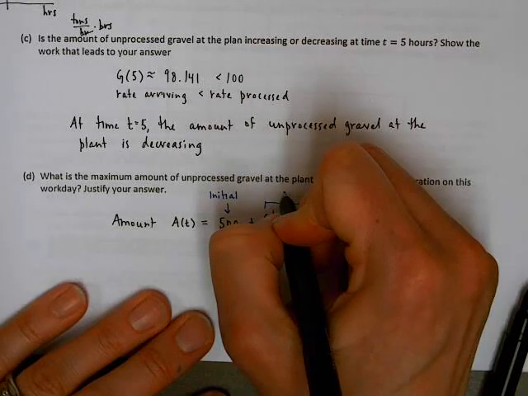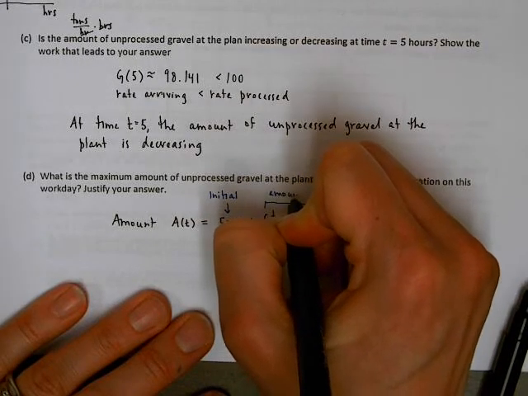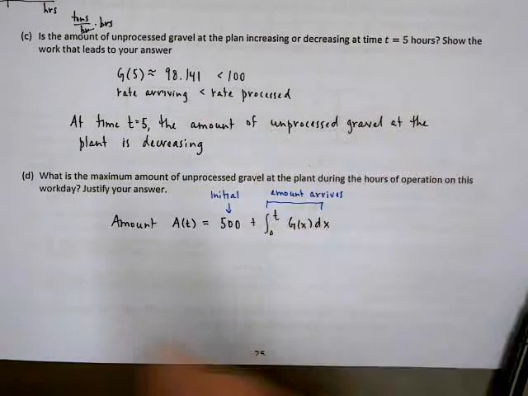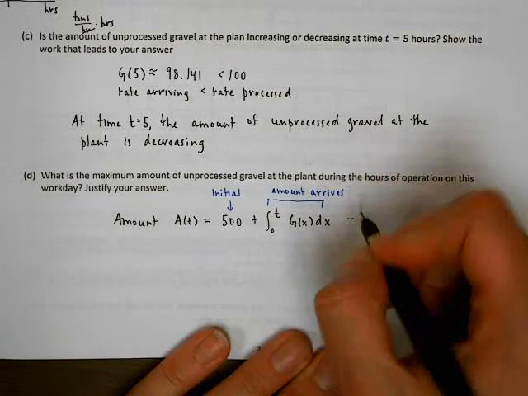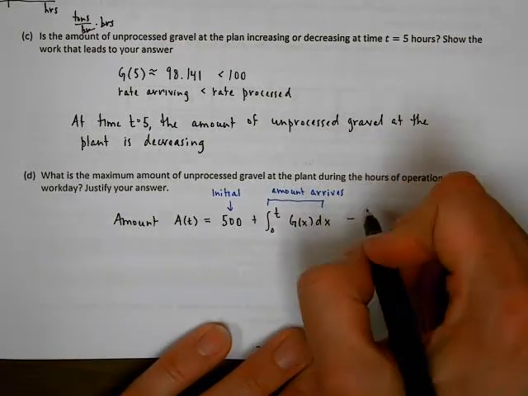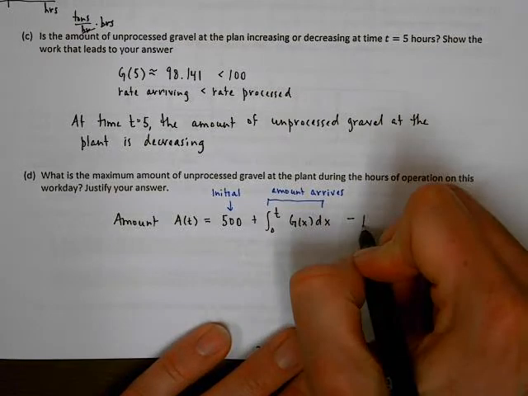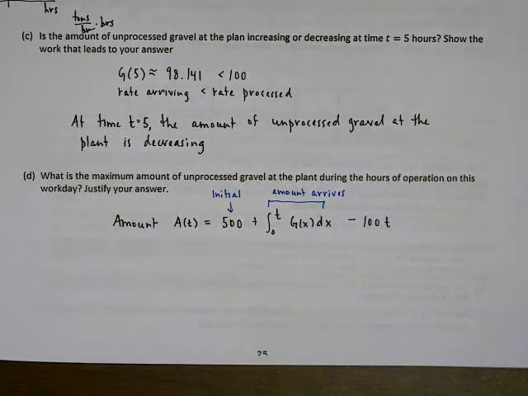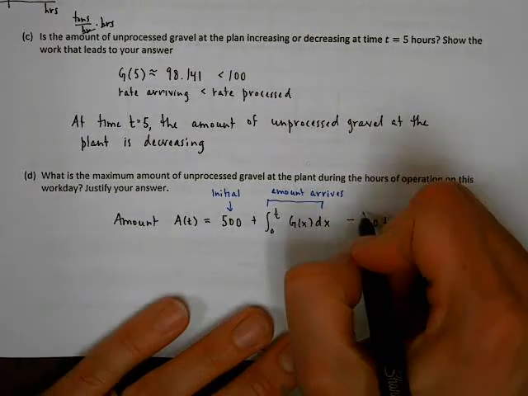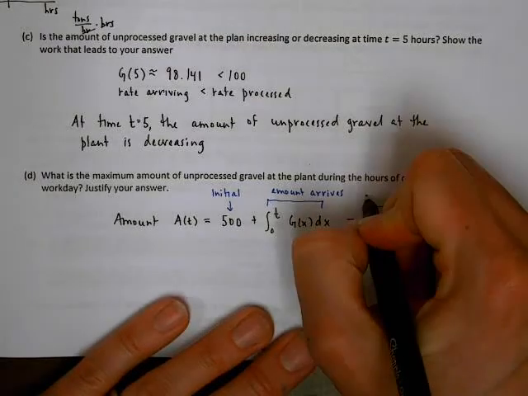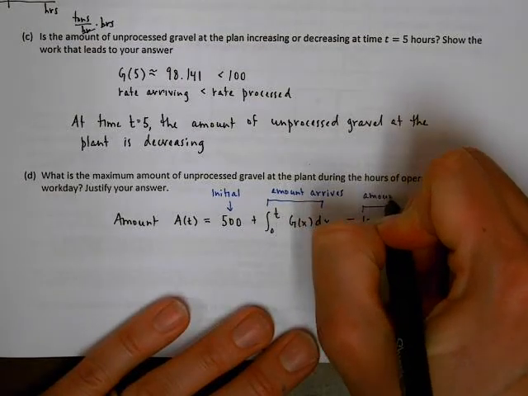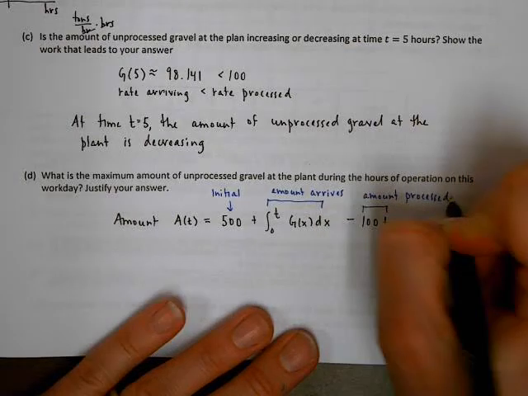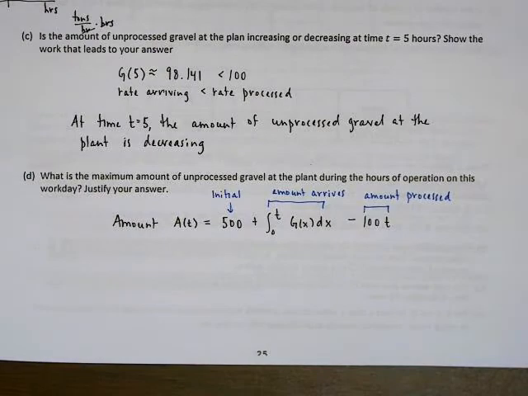This is the amount that arrives over an interval. And then I have to subtract the amount that's being processed. In our case, that's 100 times t. So 100 tons per hour times the number of hours that I'm dealing with. So this is the amount that's processed. If I consider all three of those things, that'll tell me how much gravel is left at the plant.